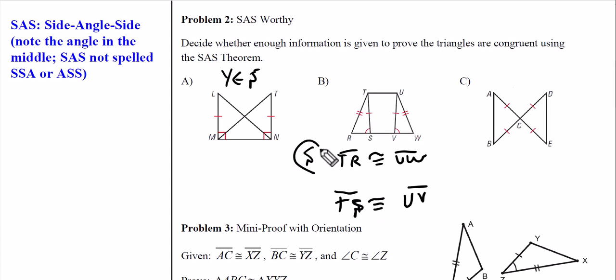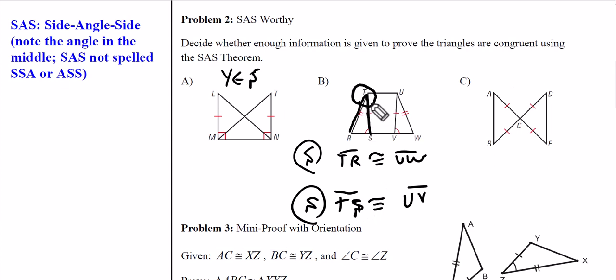Great, so I have a side. I have a side. For me to do SAS, I need to have the angle between these two, the angle that is shared by these two. So if I look, for example, at RT or TR, it is this right here. And if I look at TS, it's this right here. They meet right here.